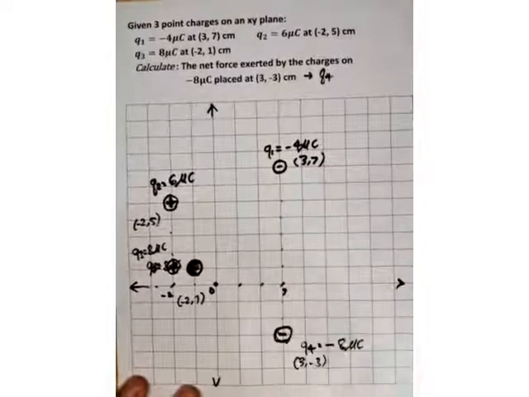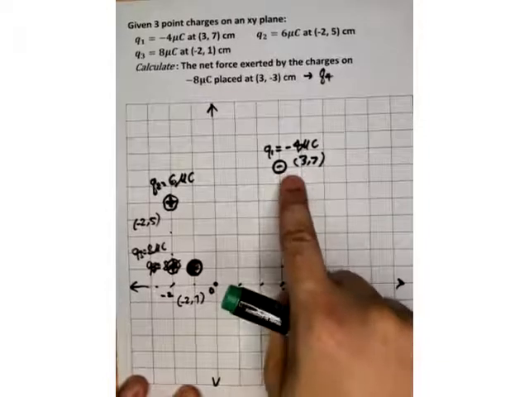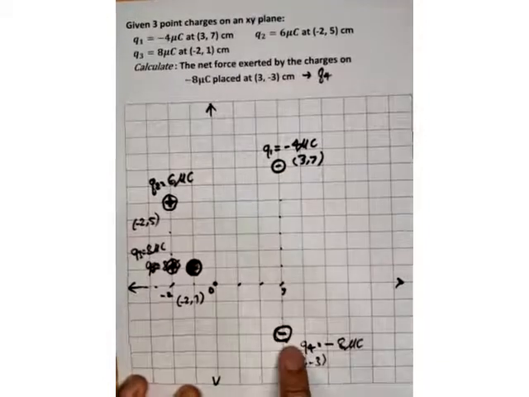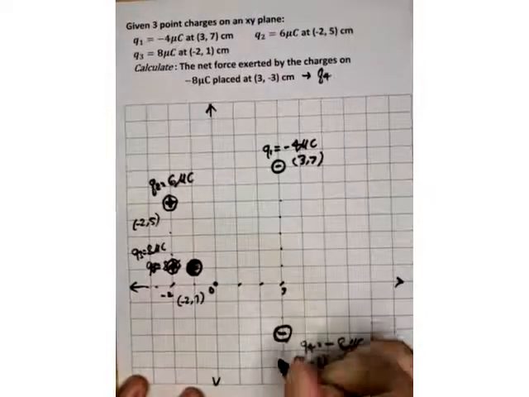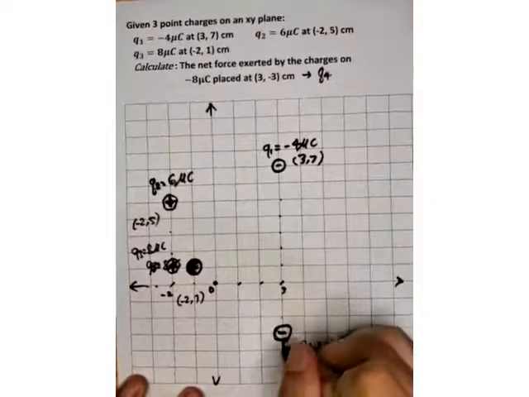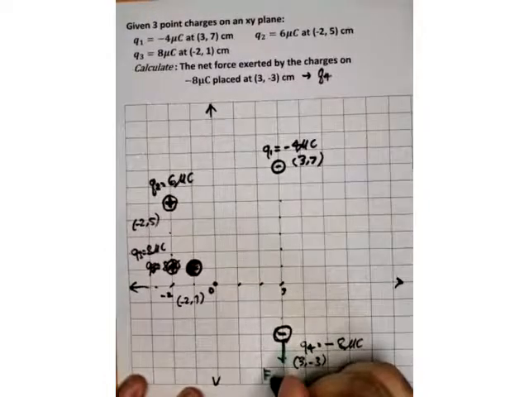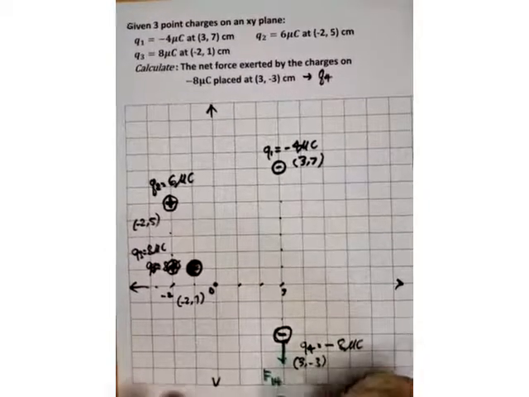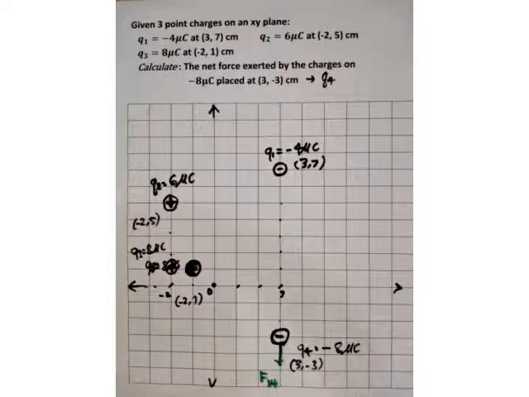Since pareho silang negative, the force is repulsive. That means i-repel ng Q1 yung ating Q4 palayo sa kanya, so yung direction niya ay nandito. Tawagin natin itong F of 1 to 4, the force of charge 1 on charge 4.